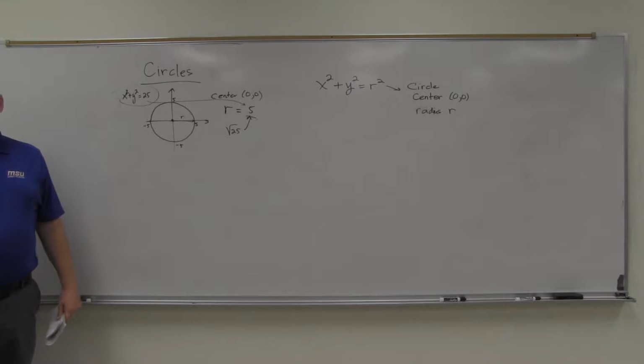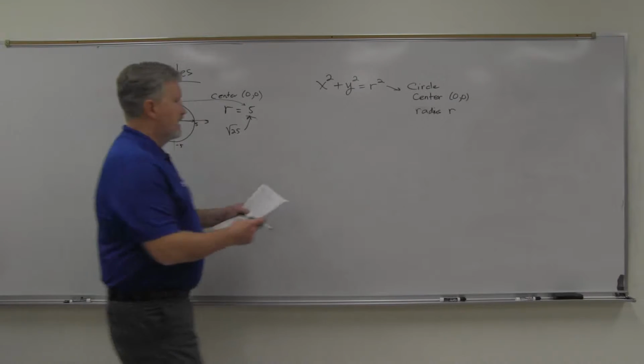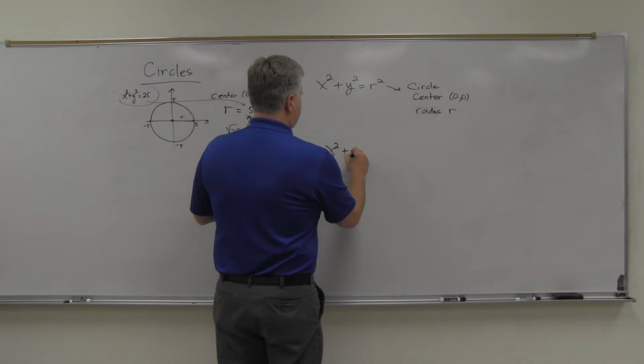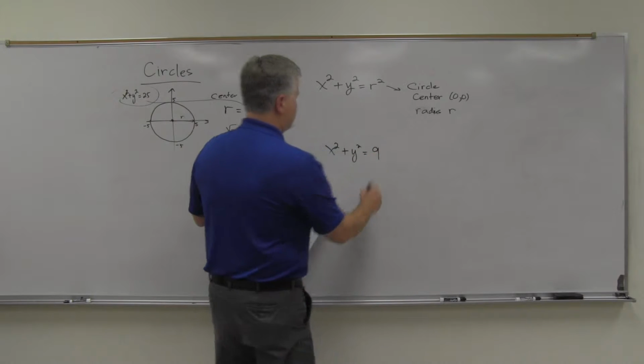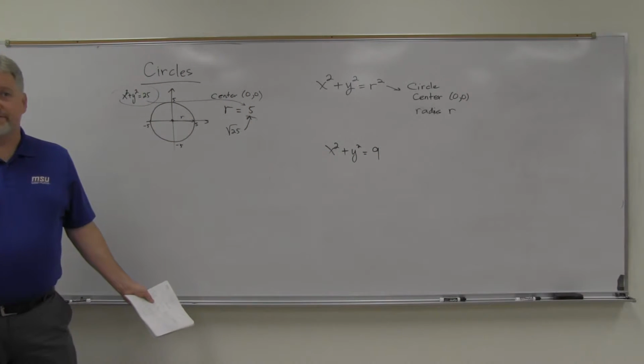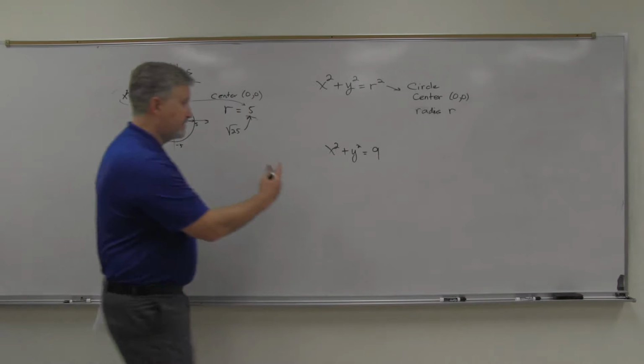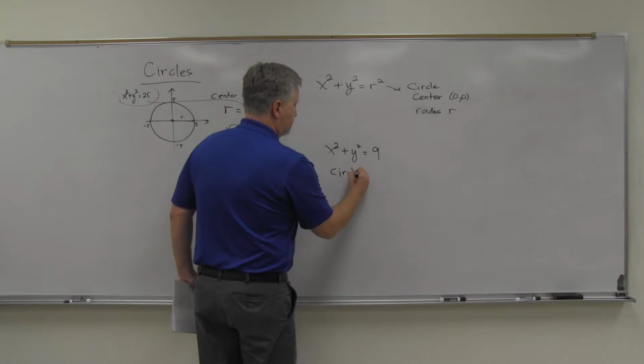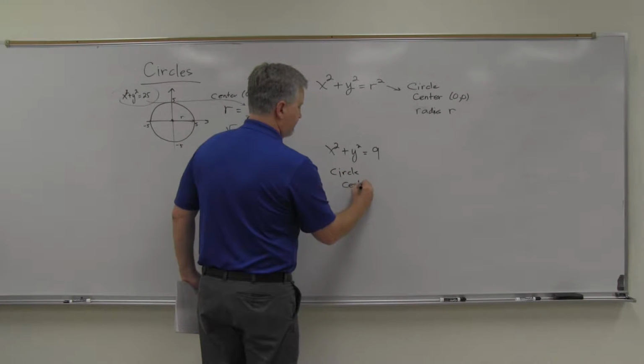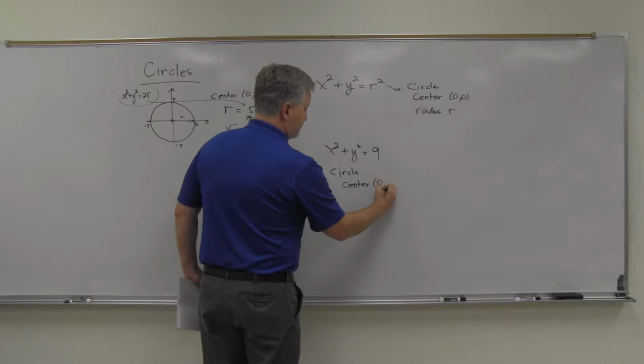So those are really, really nice, easy ones to do because, say I have x squared plus y squared equals 9. Obviously, it's in the format of a circle. The center is 0, 0. Radius is 3, the square root of 9.